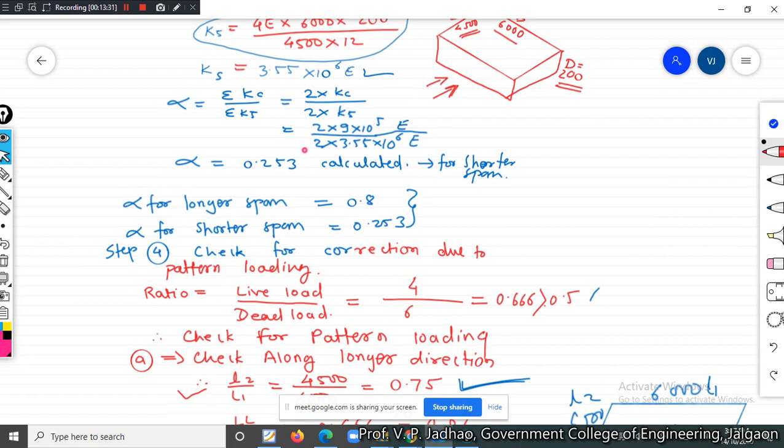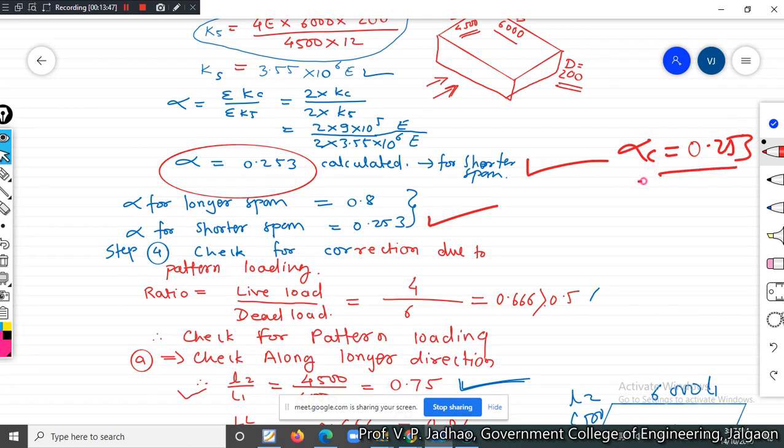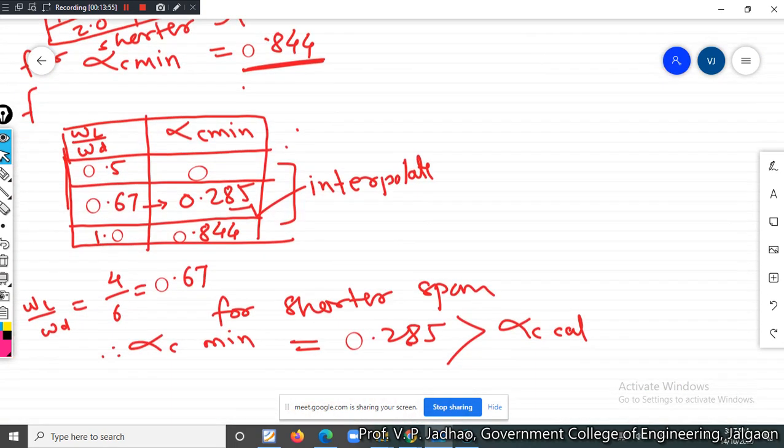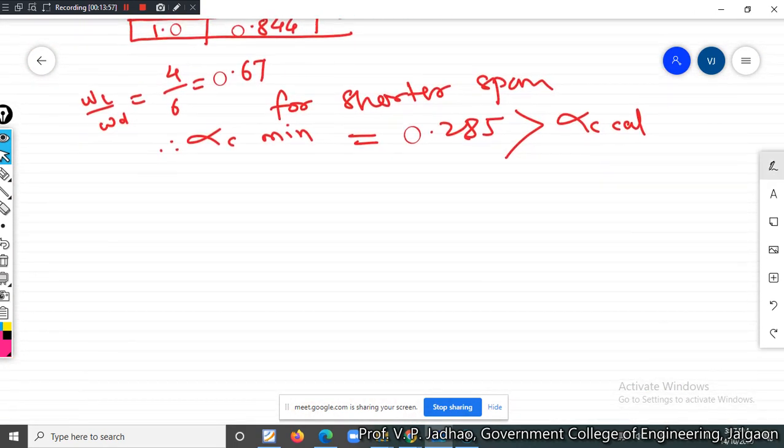Along the shorter span, this value of alpha C calculated was 0.253, and it is written here also.